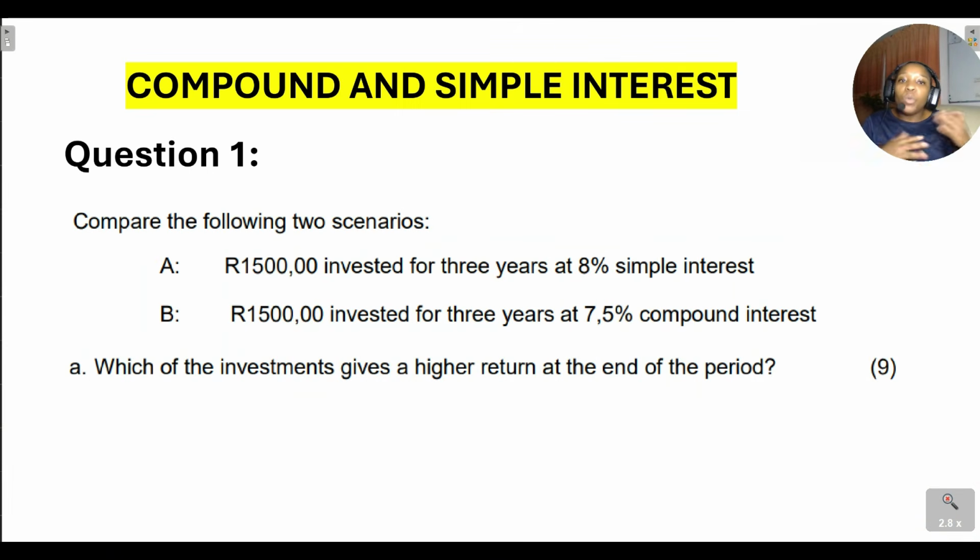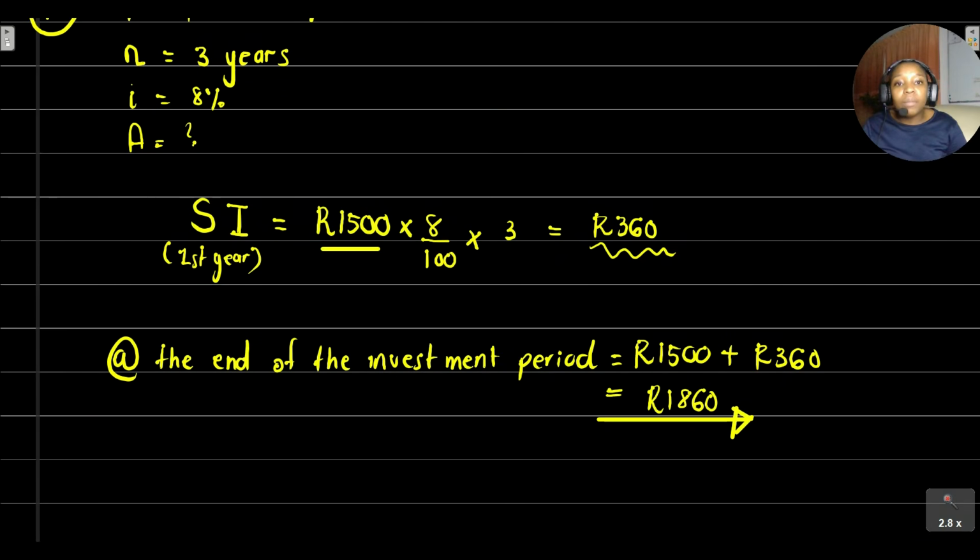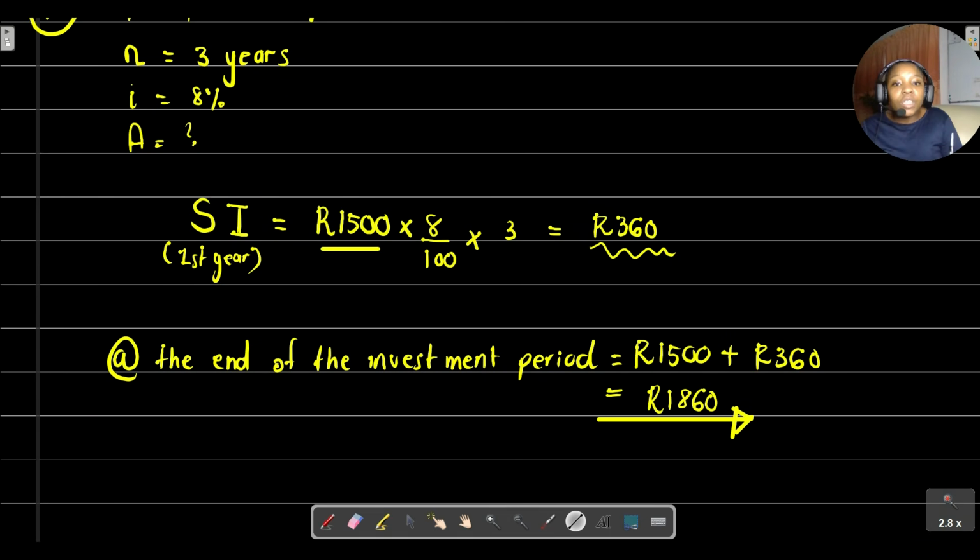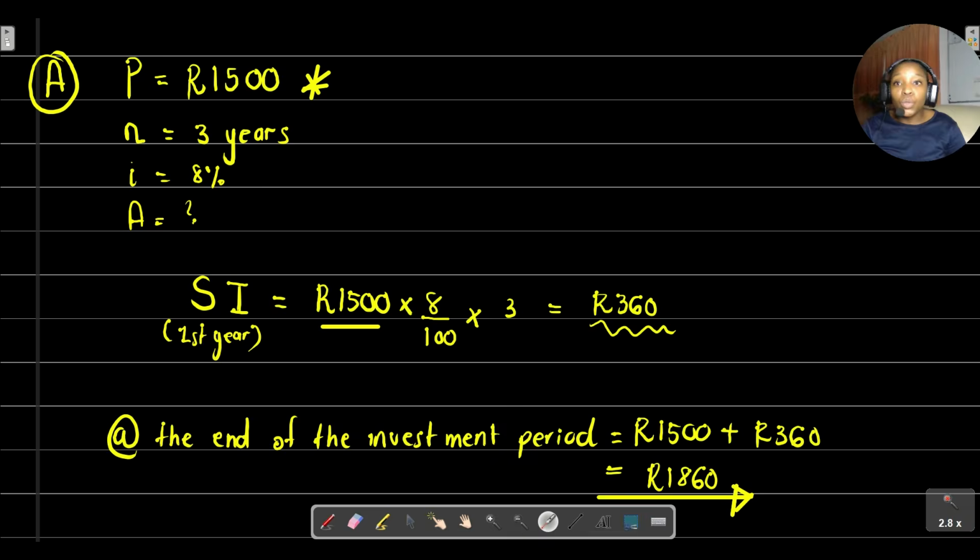What is the return from the investment at the end of the payment period? It means that you need to take that initial amount of 1,500 that you've invested and add it to the interest to give you the total amount that you'll get at the end of your investment period. That is how we do our simple interest calculations.